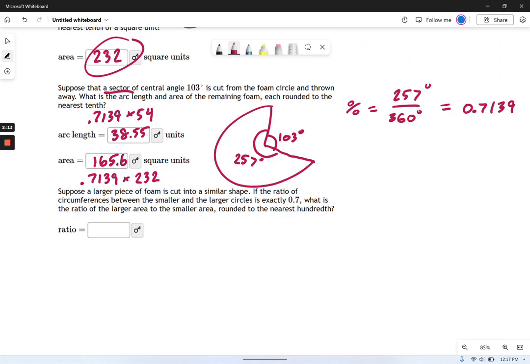Now this last part, I think this is the hardest part of the question. What you really have to do here is remember your two formulas. C equals 2 pi r. A equals pi r squared.